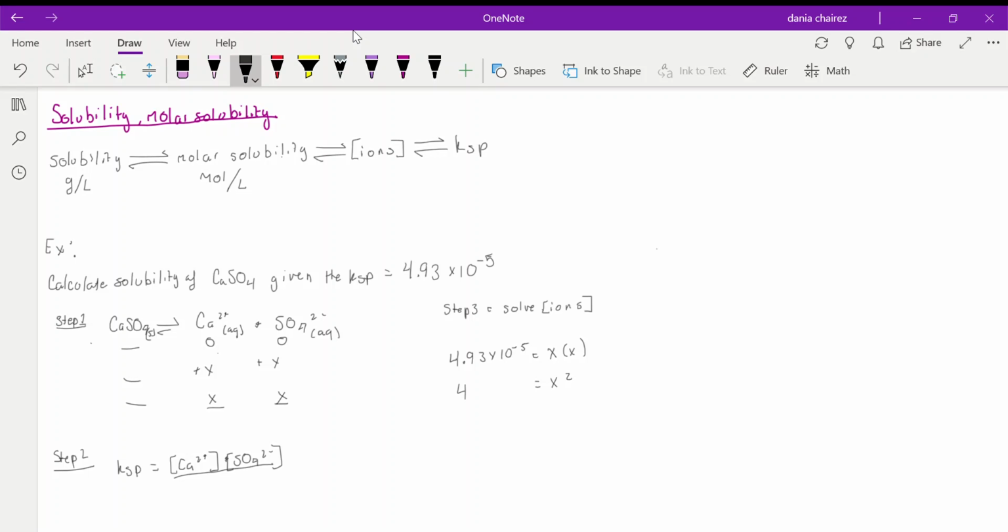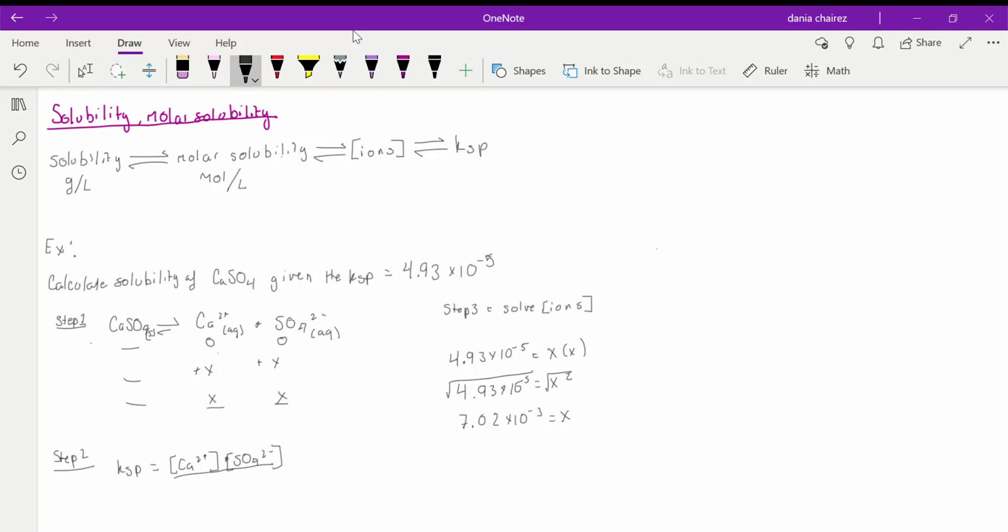So we have 4.93 times 10 to the negative 5. And we take the square root of that, which gave me 7.02 times 10 to the negative 3 is equal to x, which is our concentration of our ions.